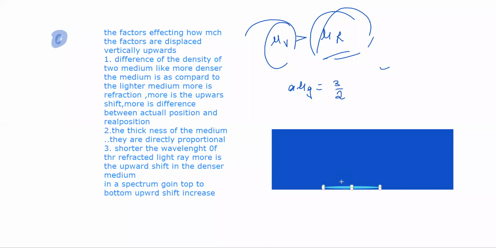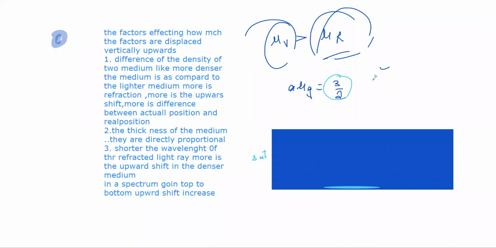That means the coin has a depth of 3 meters. And A mu G is 3/2.